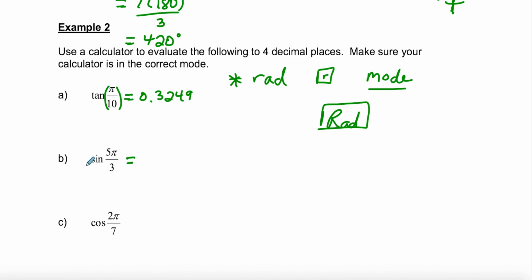If we are in radians, we do sine, and then probably bracket, I'm thinking your calculator wants a bracket, sine 5 pi divided by 3, we get negative 0.8660. And here, since we're in radians, cos bracket 2 pi divided by 7 should give you 0.6235. So it would be good for you just to try that out on your calculator and see if you can get those same numbers.